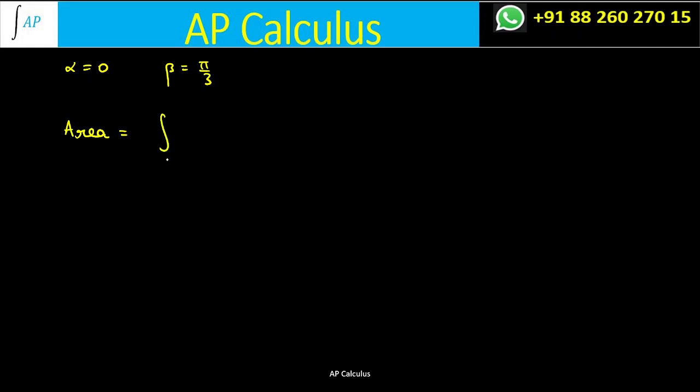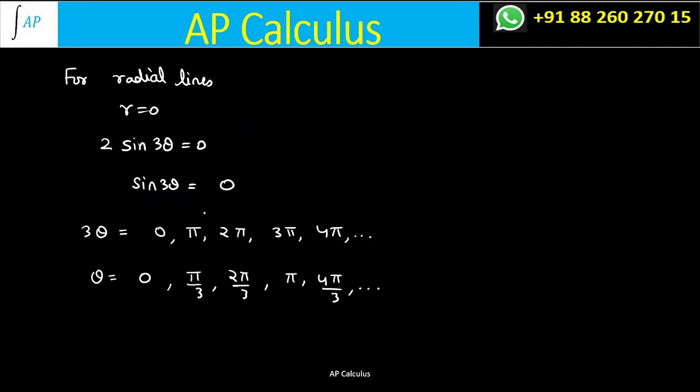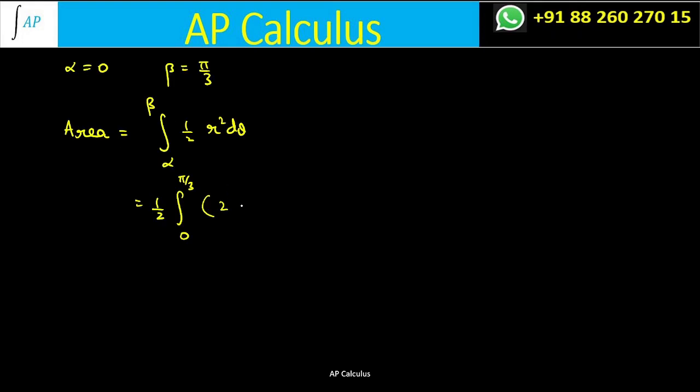The area is the integral from alpha to beta of 1 by 2 r squared d theta. So from 0 to pi by 3, 1 by 2 taken outside, r squared, where r is 2 sine 3 theta, whole squared, d theta.